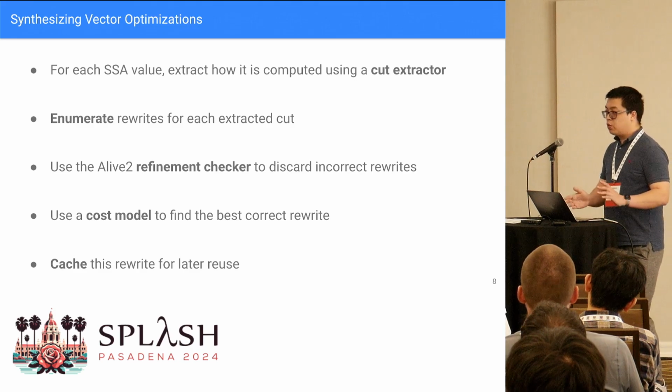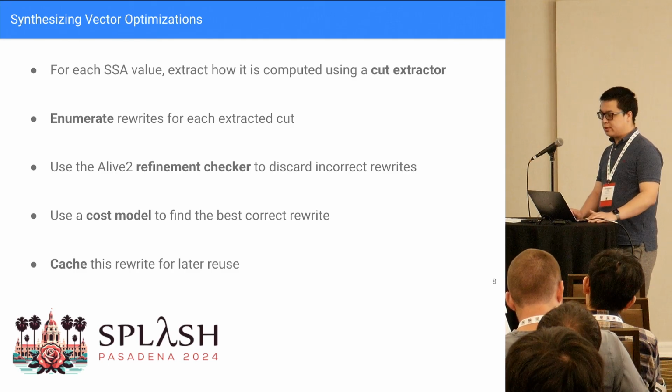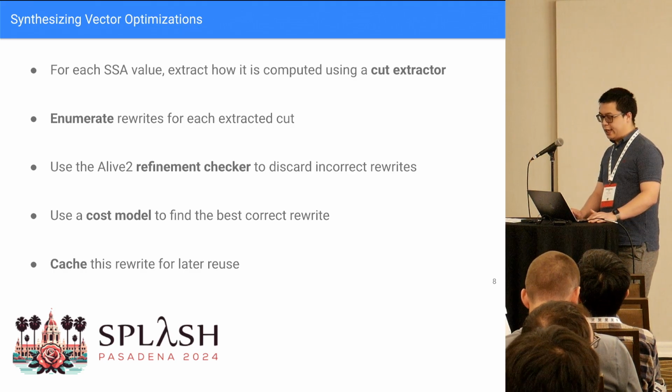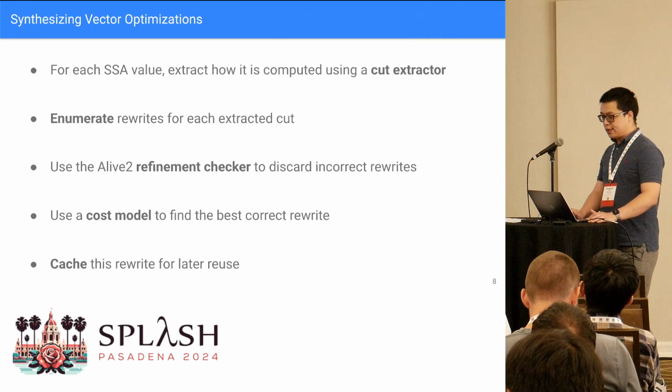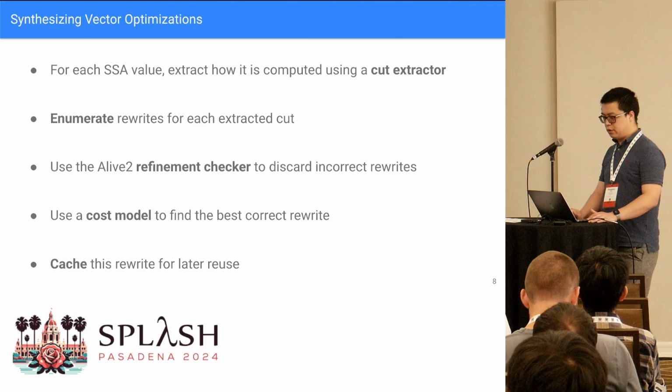As real-world programs may be large, and program synthesis cannot really scale up to whole-program synthesis, we developed an SSA-based cut extractor to split the input functions into small code sequences.